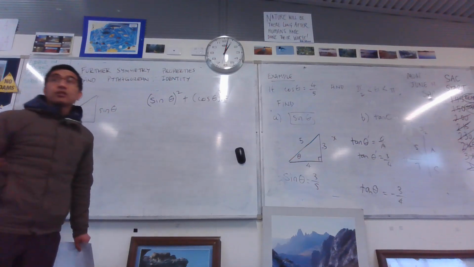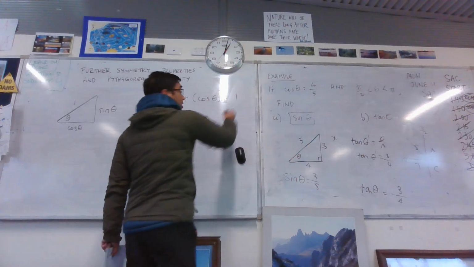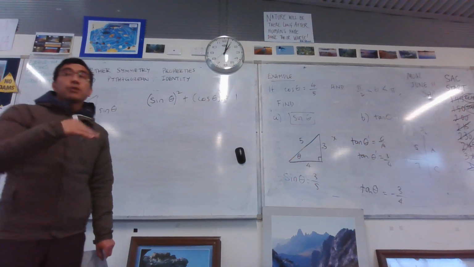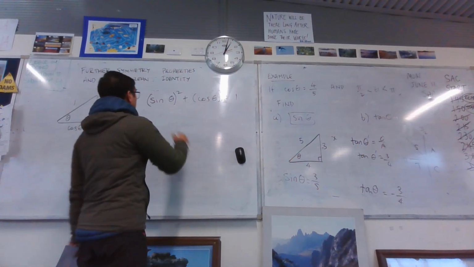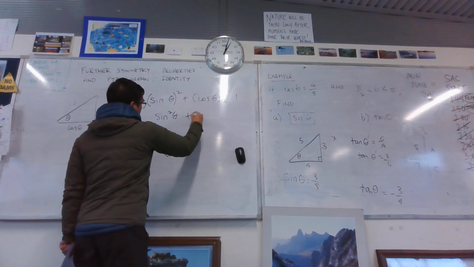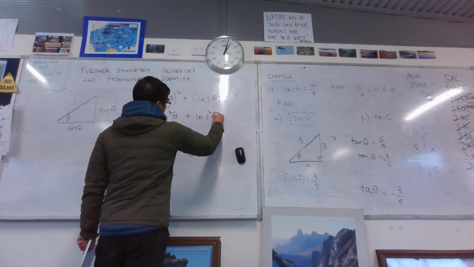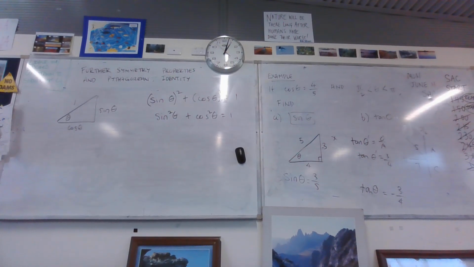Finish that equation. What's it going to equal to? 1. Good. It's Pythagoras. But they write it weird. They don't write it like that. They write it like this. That's another useful tool that you can use.